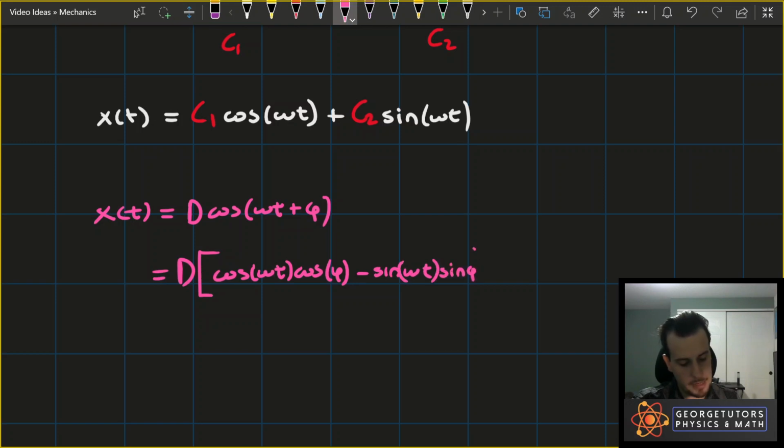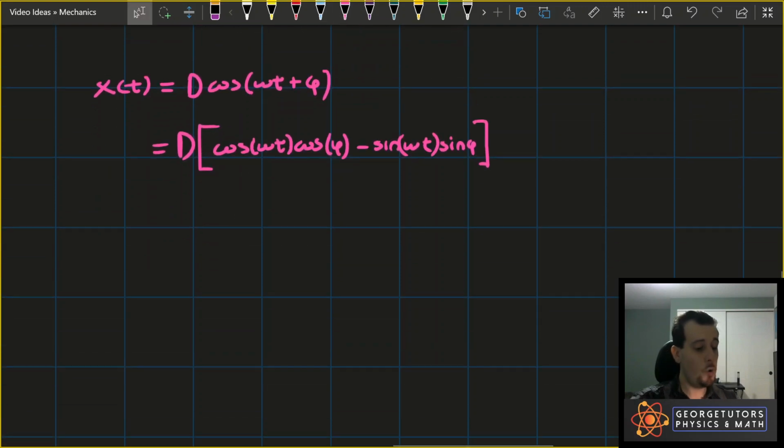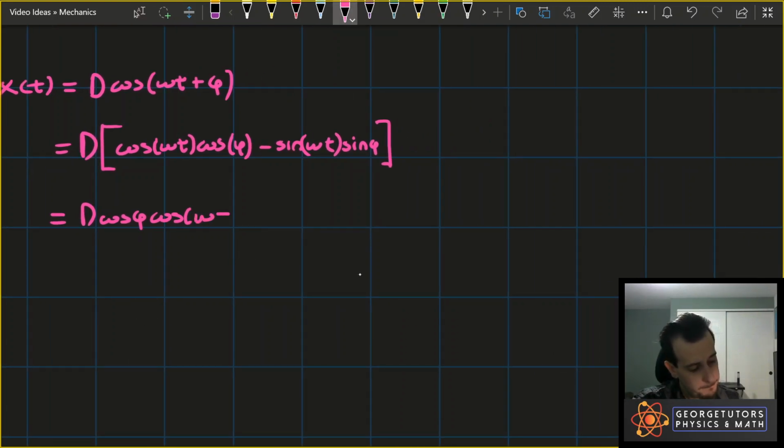And now I can go ahead and distribute everything, but I'm going to write everything in a very specific way. So I'm going to write d sandwiched together with cosine of phi and then cosine omega t. Sorry about that. So right there. And then I'm going to write d sandwiched with sine phi and sine omega t afterwards.